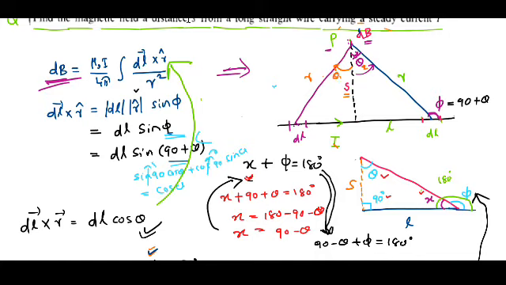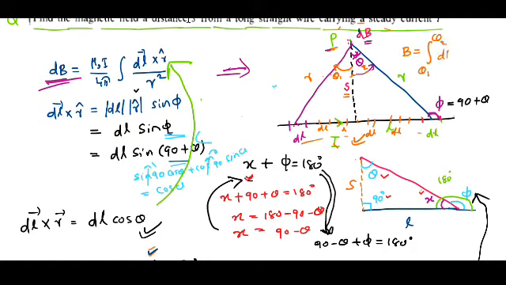If I add all such small length elements dl on both sides of this wire, on one side it goes from 0 to theta 2, and on the other side from 0 to theta 1, we can say the total magnetic field at the point P due to the whole length of the wire can be obtained if you integrate dB from theta 1 to theta 2.